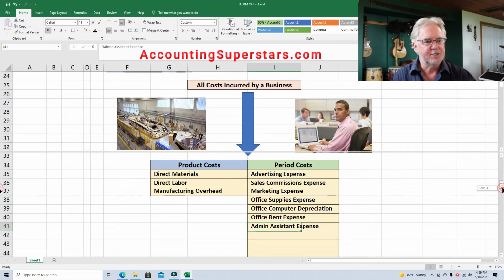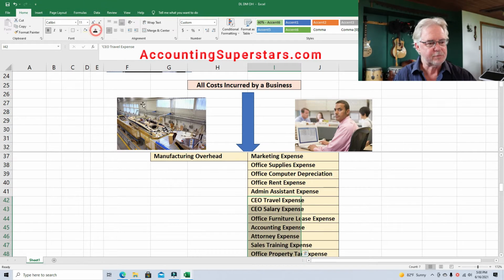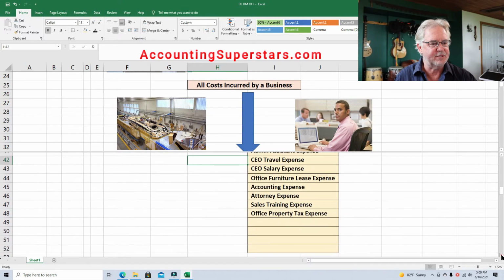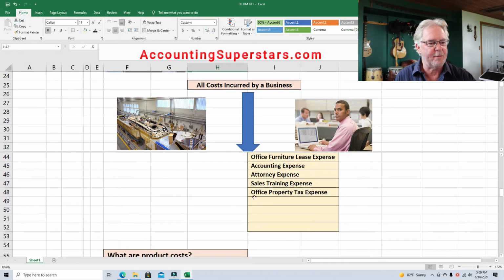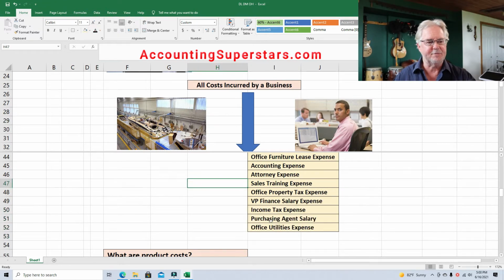So just to save us some time, I'll highlight all of these at once. CEO travel expense, CEO salary expense, office furniture lease expense, accounting expense, attorney expense, sales training expense. The list goes on. Office property tax. It's all about the office, all about the administration. Vice president salary expense, income tax expense, purchasing agent salary, office utilities expense.